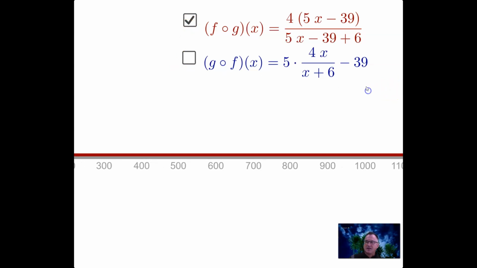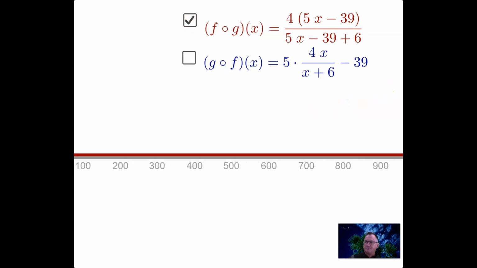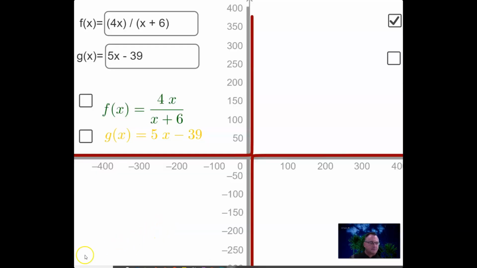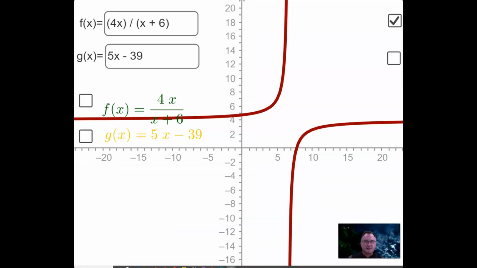The domain of our composite, this red graph, is all real numbers except 33 over 6. Well, 33 over 6 is around 5.5. So if I had a vertical line right here at 5.5, that turns out to be a vertical asymptote of this graph, and the graph will never touch that. So that's what the domain of the composite looks like.